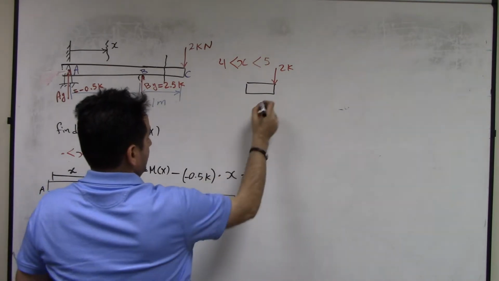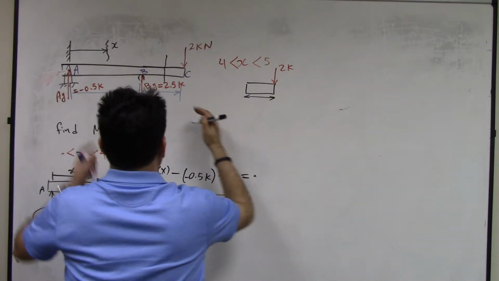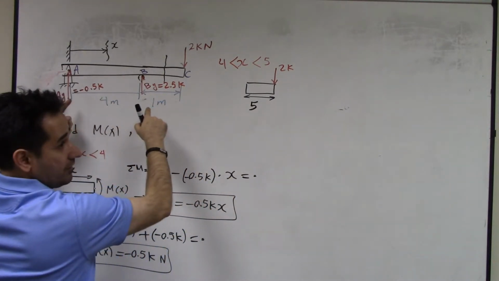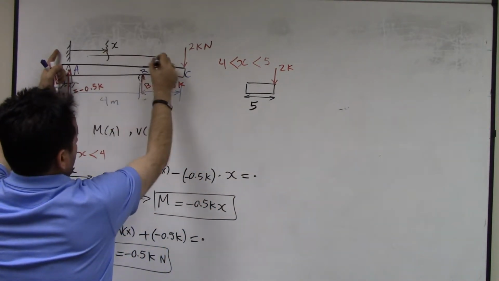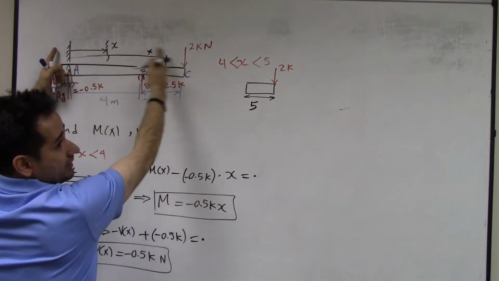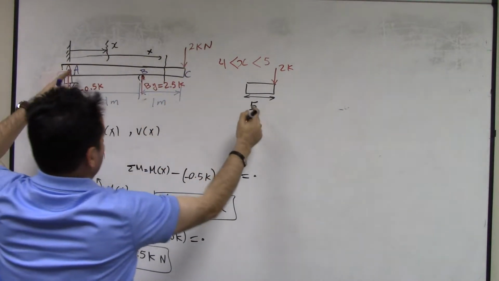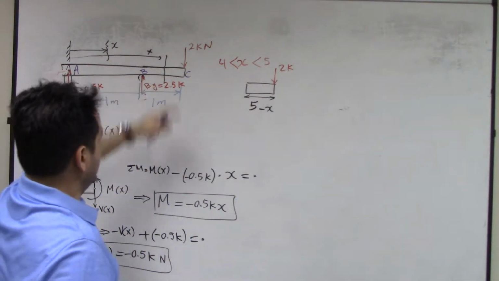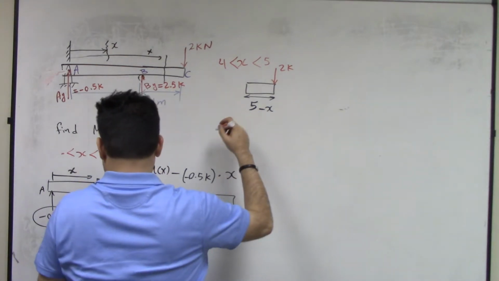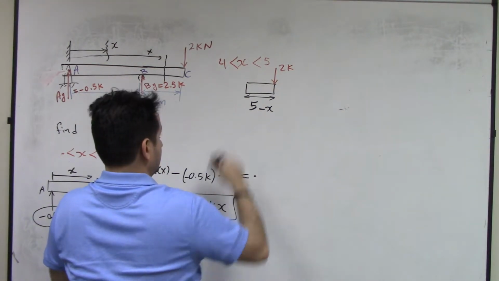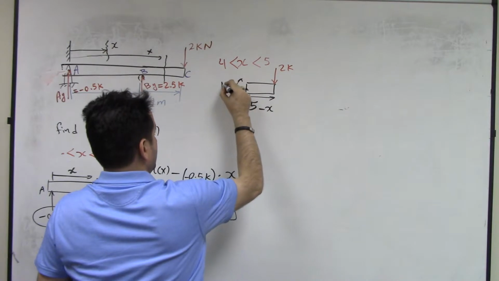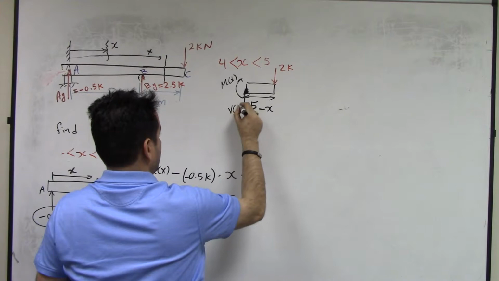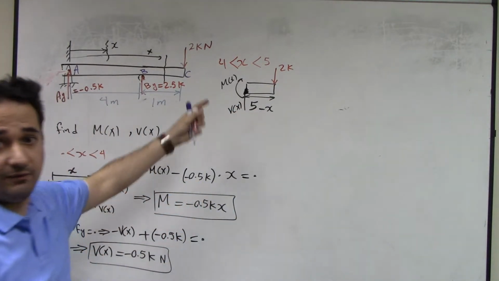And this distance from here to here is the entire length, which is 4 plus 1, 5, minus x. X now comes to here from left. We extended the x to this point. So that's going to be 5 minus x from here to here. And here you have a moment, like that, internal moment Mx, and shear going up on the right side, Vx, no axial force. So this is FBD.